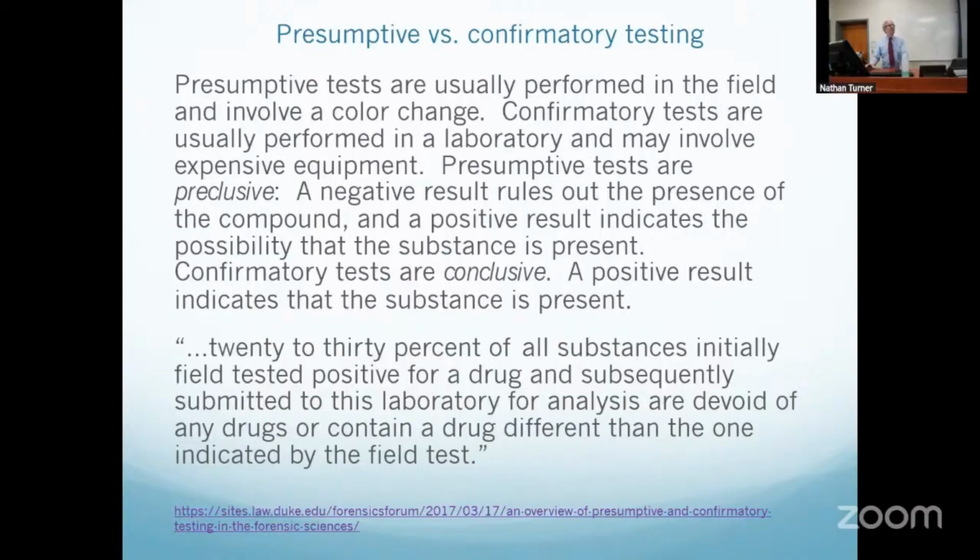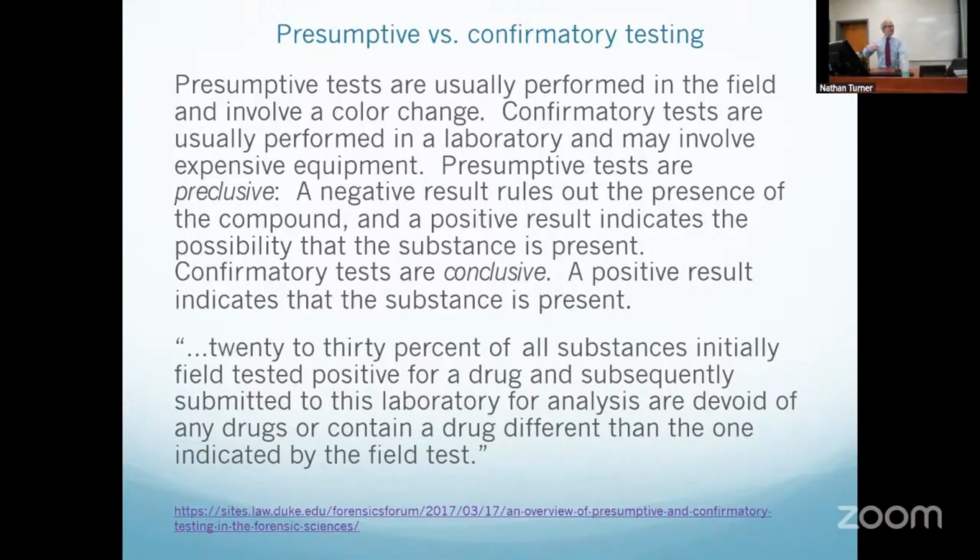Now, presumptive tests are what we call preclusive, meaning a negative result in a presumptive test rules out the presence of what you were testing. You're done at that point if you see a negative test. A confirmatory test, though, is conclusive. So if you have a positive presumptive test, that means the possibility of the substance is there.